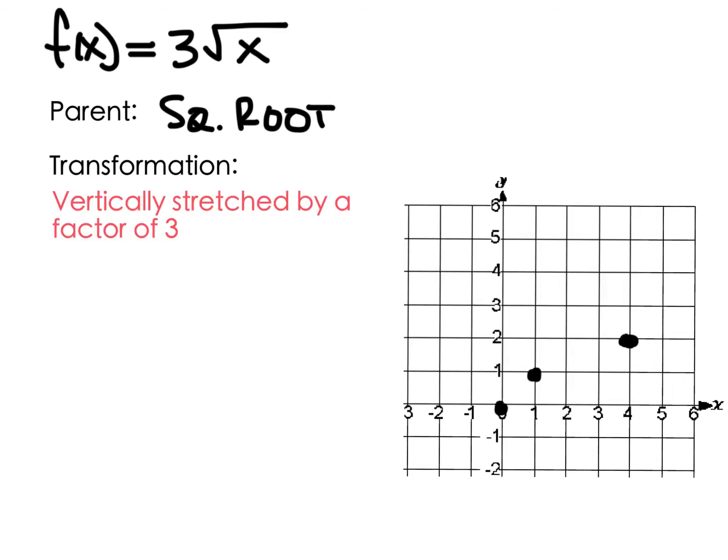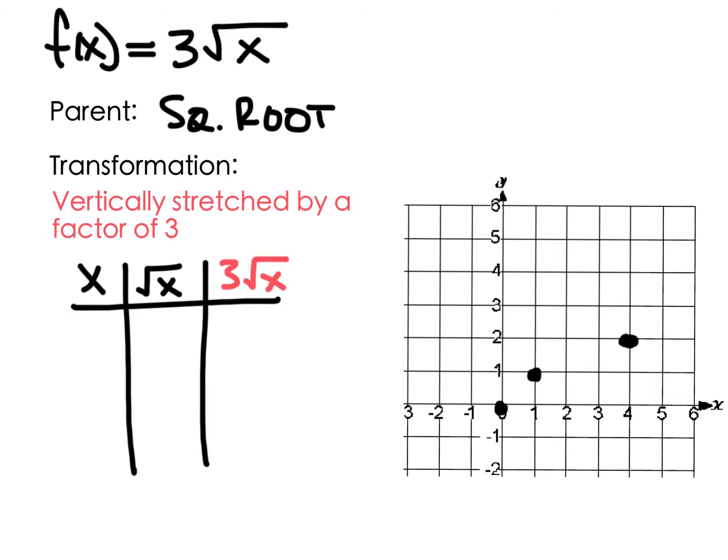So why do we say by a factor of 3? Well, a factor indicates multiplication, and it's because you're going to multiply each of these y values by 3. To help us see what's happening, let's look at a table of the values. We started off with 3 x values, 0, 1, and 4.